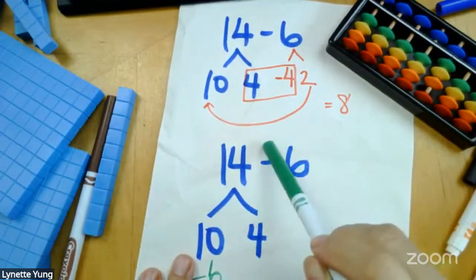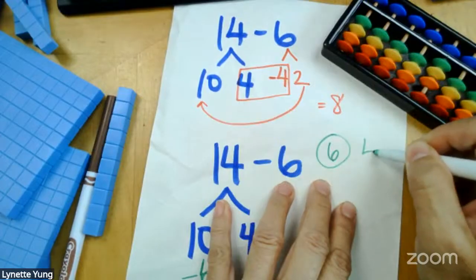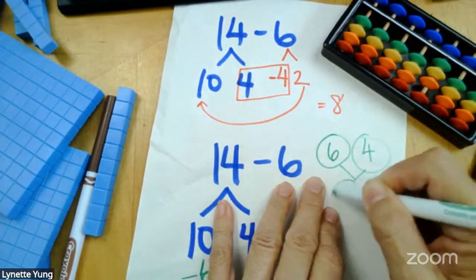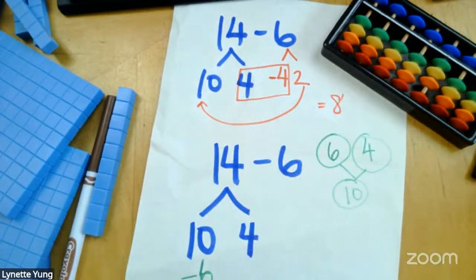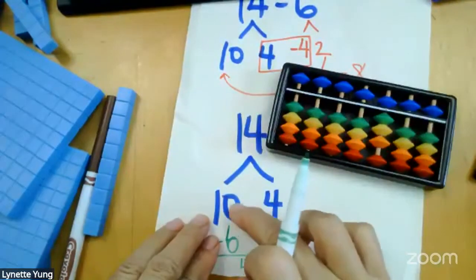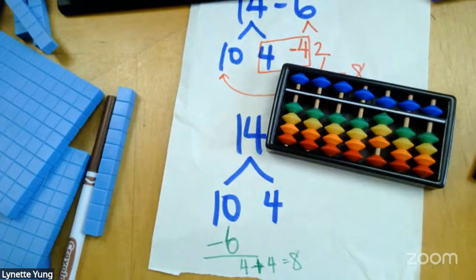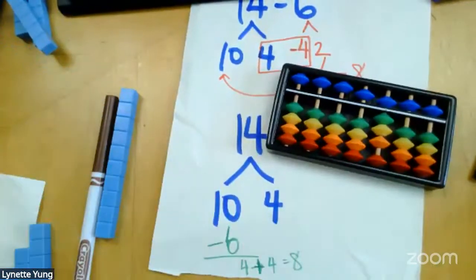We just take away the whole 10, because from here we know that 6 and 4 make 10. So when you're subtracting that 10, you're actually subtracting the 6. You're taking the 6 away from the 10, but because you have extras, you've got to add it back, because you have to have a balance. Funny, right?